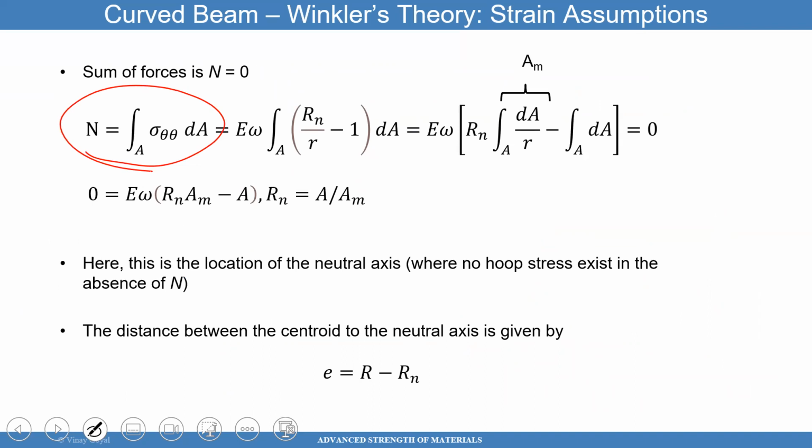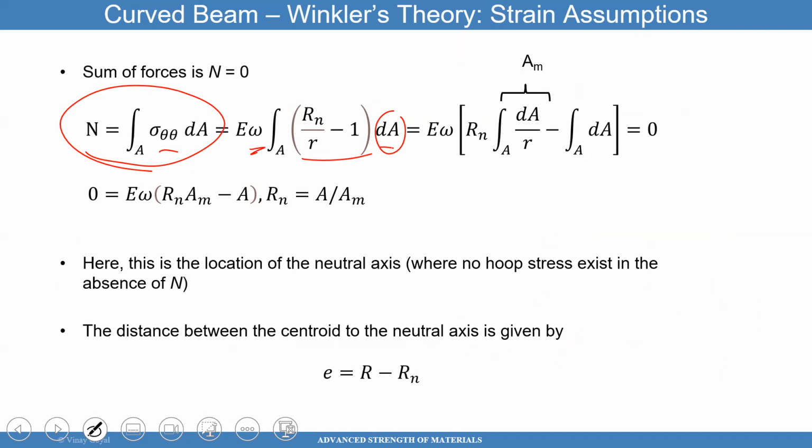So I can plug in sigma theta theta in terms of the formula I had for strain, which is E omega Rn divided by R, minus 1. E is the modulus of the material, not dependent on the area, and neither is omega, the angle change. So I can write the integral this way.